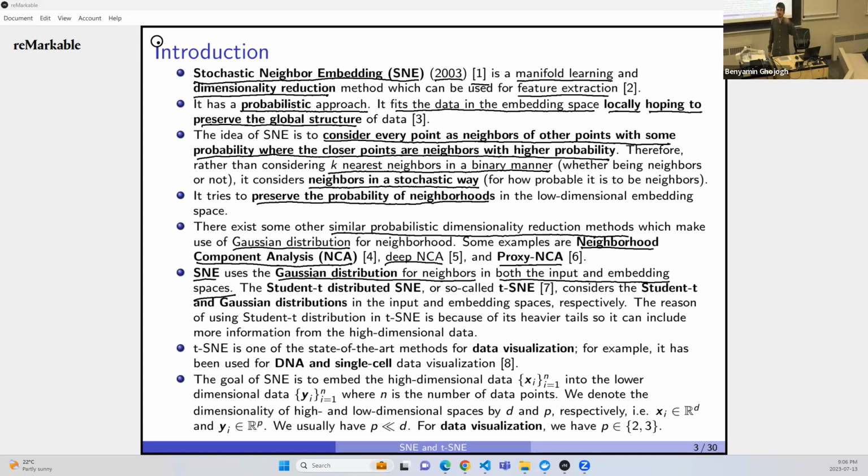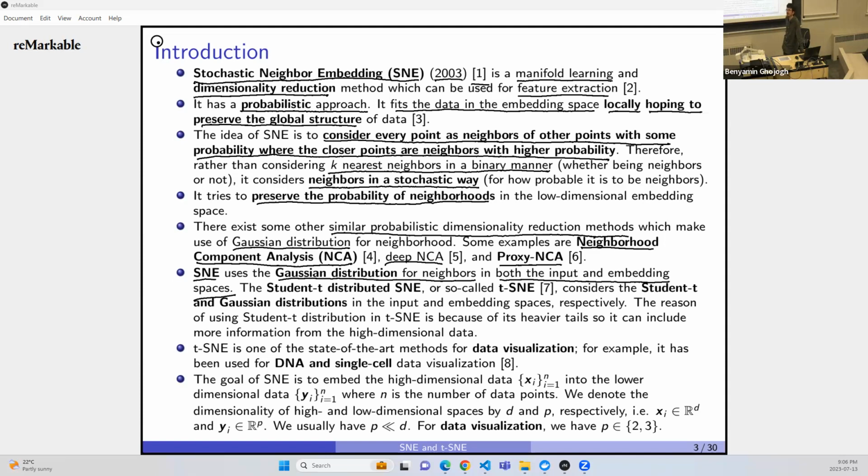However, t-SNE, which we'll see later, asks who said that we should use the same distribution in the input space and the embedding space? I can use one distribution in the input space and another in the embedding space, and then minimize the KL divergence between them. But what's the justification for using another distribution in the embedding space? Guys, I need you to focus.